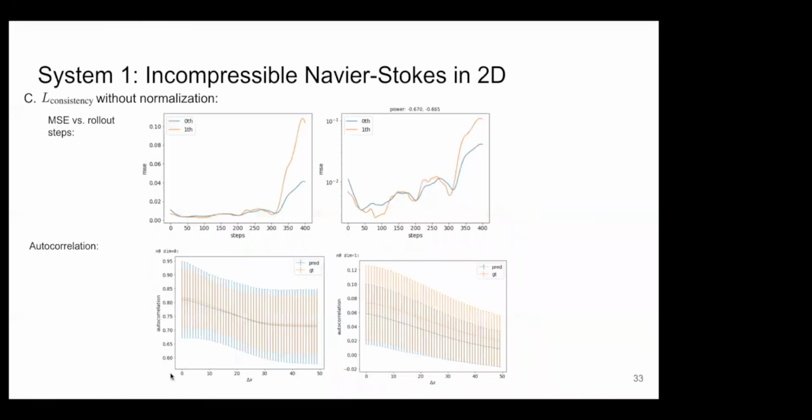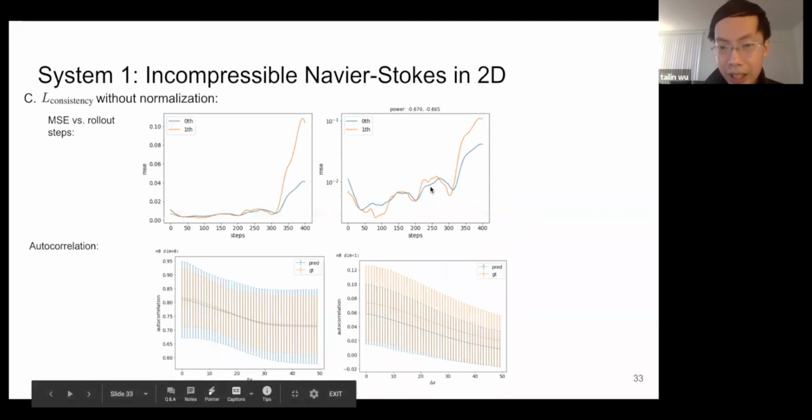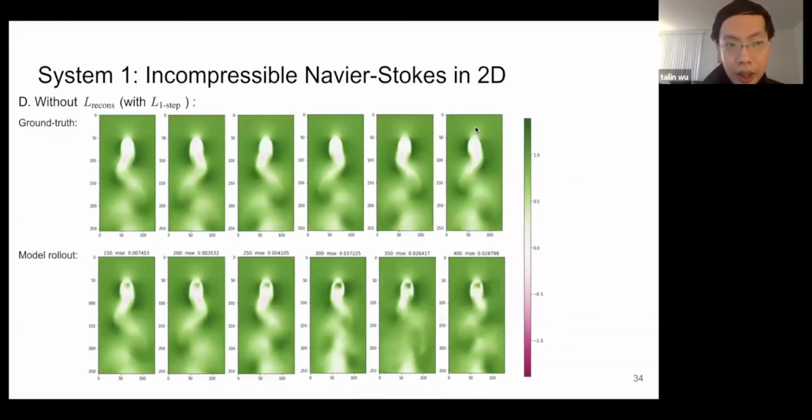And then we see that the error goes up at later times. So fourthly, basically we have two ways to ensure that the latent space representation can decode into the original space. One is using the reconstruction loss, and the other is using this one-step loss that compares the MSE in the input space. Firstly, we test without this reconstruction loss.